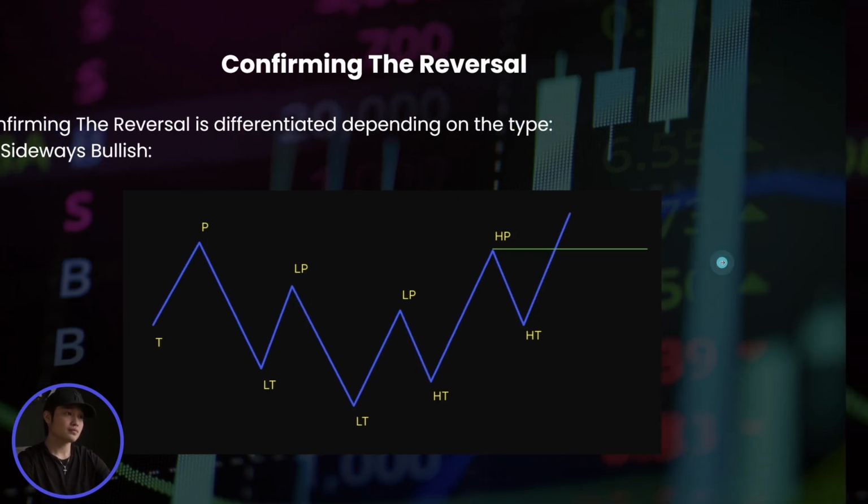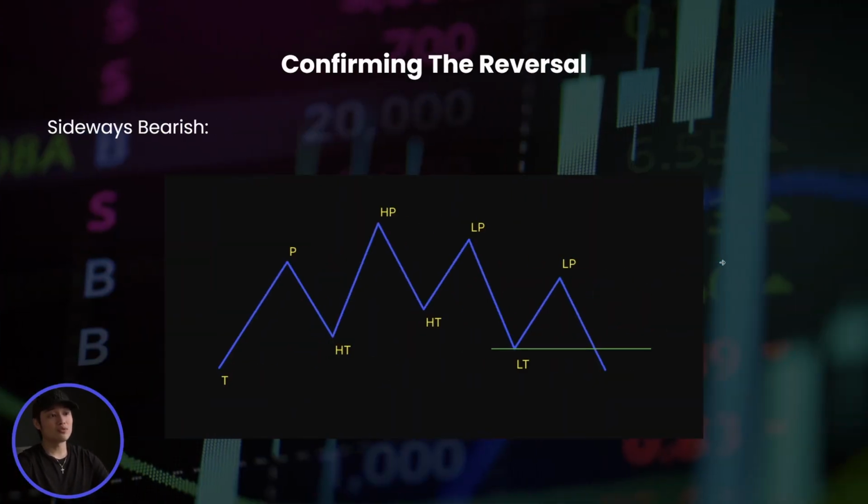Okay, so let's go to the bearish one. For the bearish, we have a higher trough, higher peak, higher trough, and instead of creating another higher peak, the price failed to create another higher peak and it creates a lower peak. This is our first signal that the trend might reverse. And for the lower trough right here, this is our confirmation that the bearish momentum has fully entered the market.